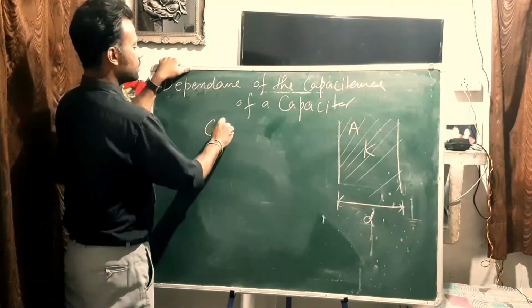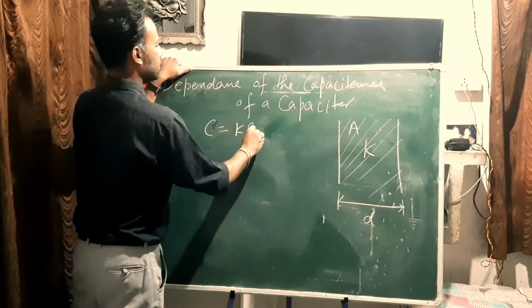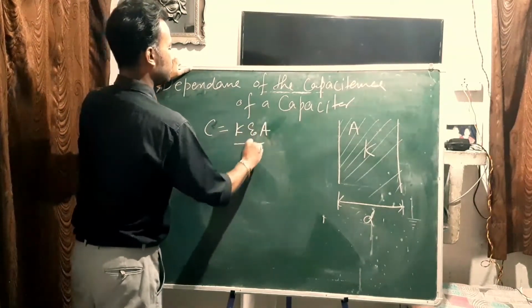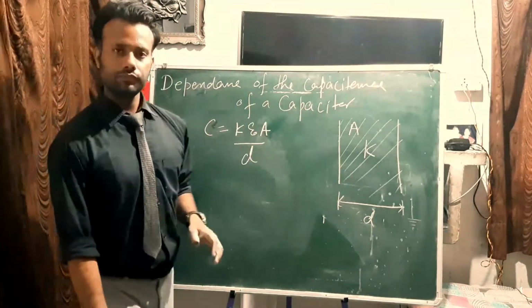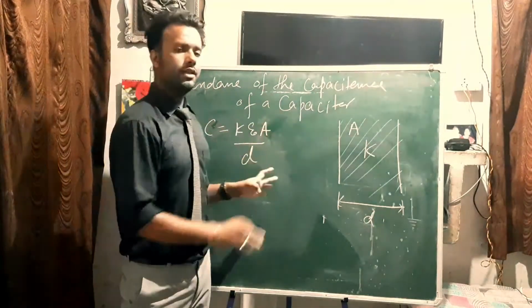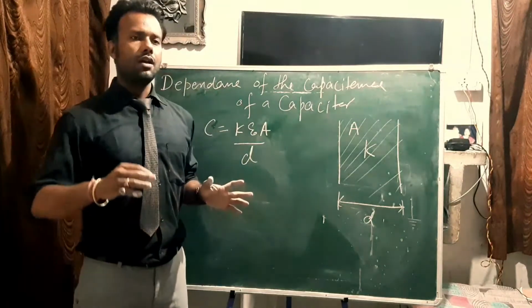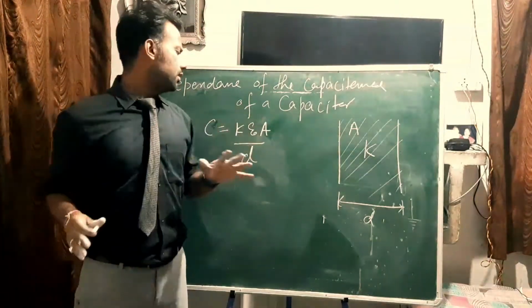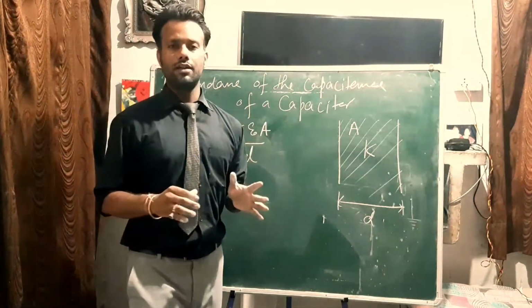C equals to K epsilon naught A upon D. Let's see how, from this formula, the capacitance is related to the area, the distance, or the dielectric medium.